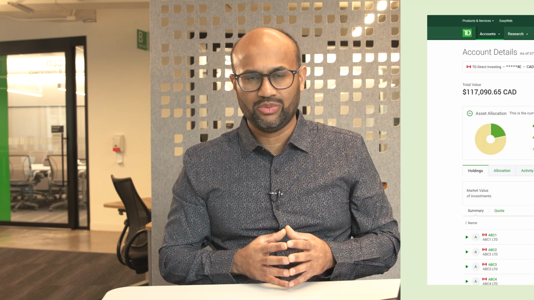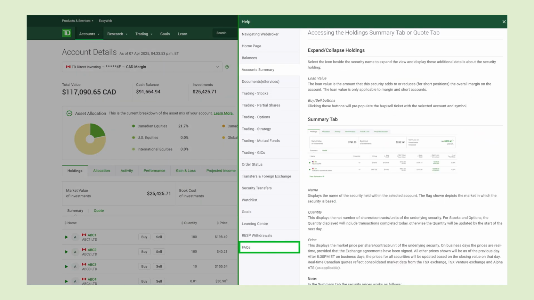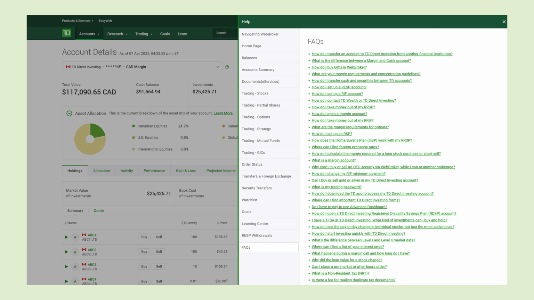But if that stock is highly volatile, has relatively low volume, and has other elevated risk factors, then the margin requirement could bump up to 50%, 75%, or even 100%. It's important to note that this can significantly reduce your overall loan value without a significant change in market value. For more info, check out the help section in WebBroker on margin requirement guidelines at TD Direct Investing.